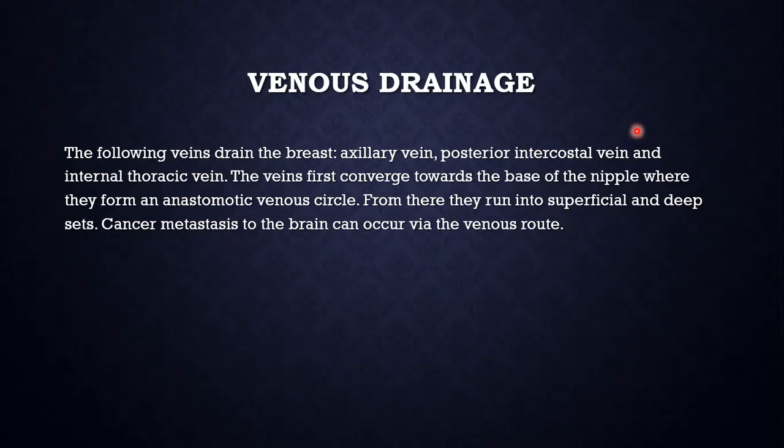So that is dangerous. So this is why you are learning this. To know how cancer can spread from your breast all the way to your brain, you should know that route.